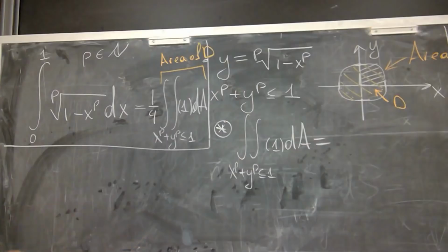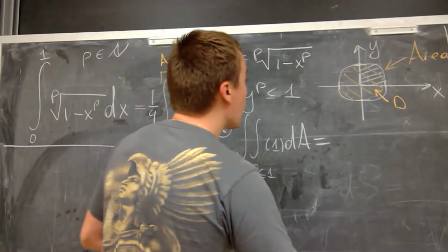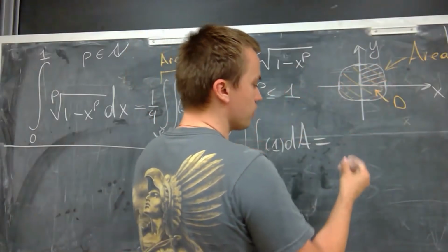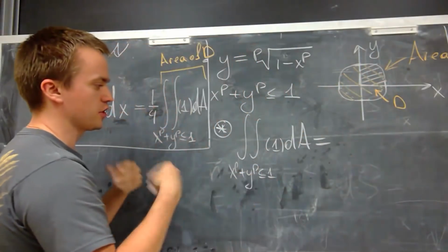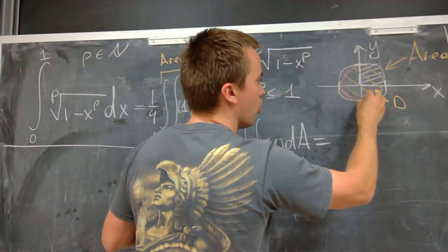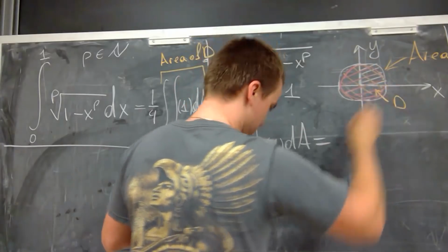Here I'm going to use a change of coordinates. The idea is, when I'm given some region that doesn't look like a circle, I want to use a change of coordinates to turn this double integral into an integral over a circle. How am I going to do this?